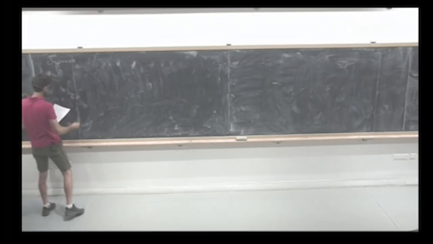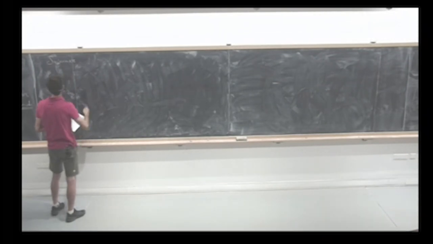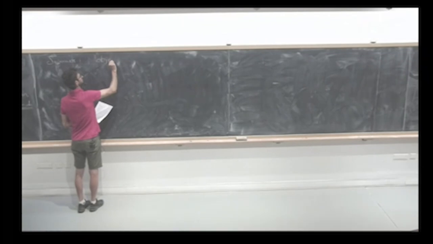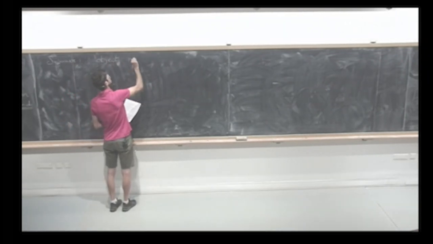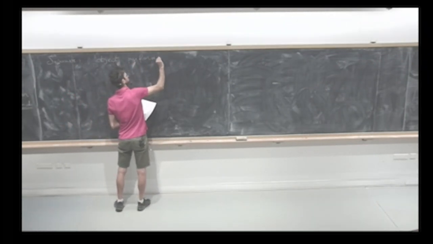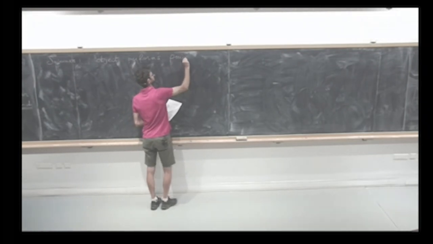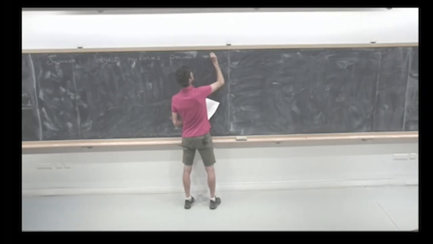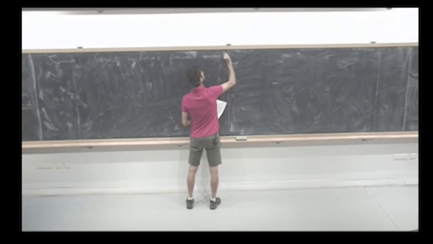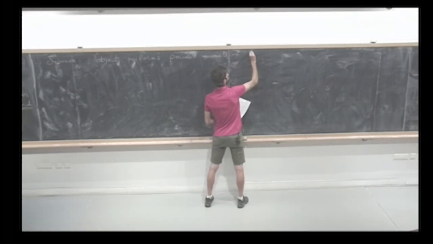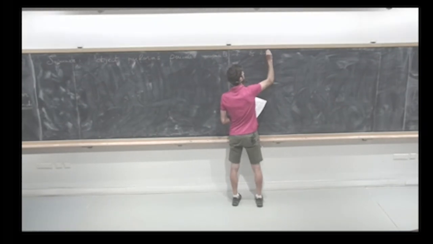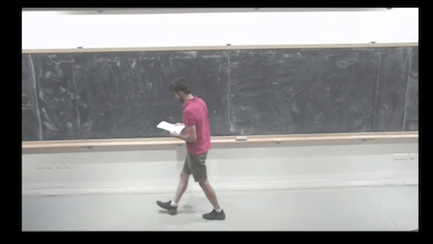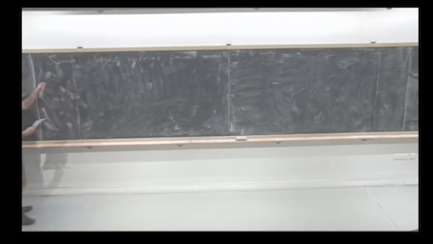So this is a swimmer, an object that performs periodic motion or periodic movements of its body, and I will tell you in a moment what I mean with that. And these guys are microscopic.